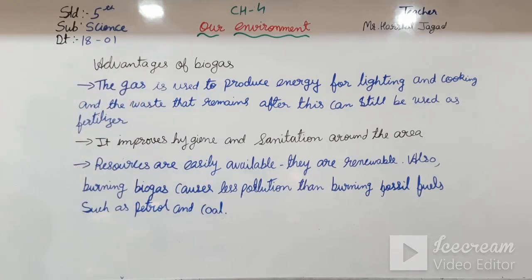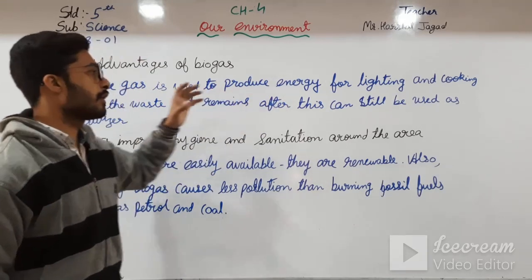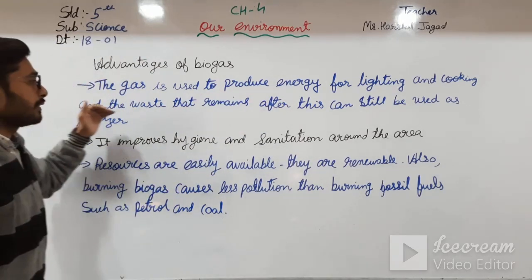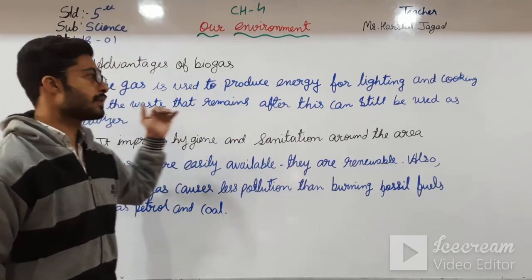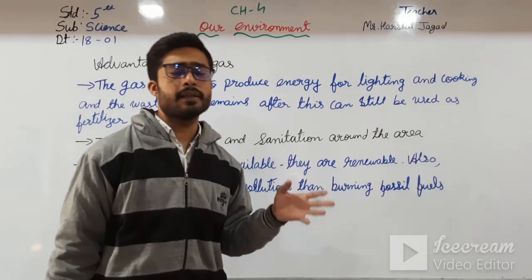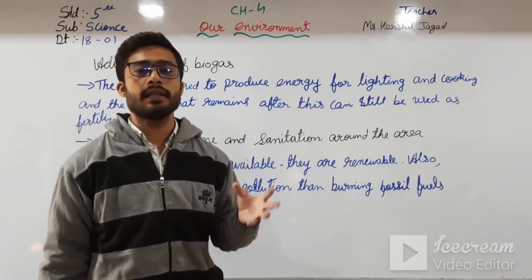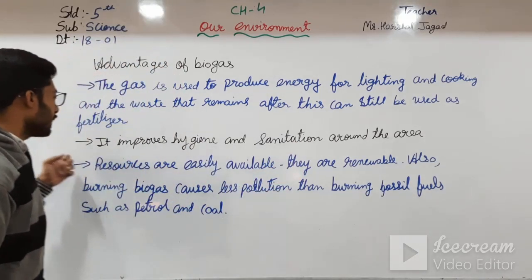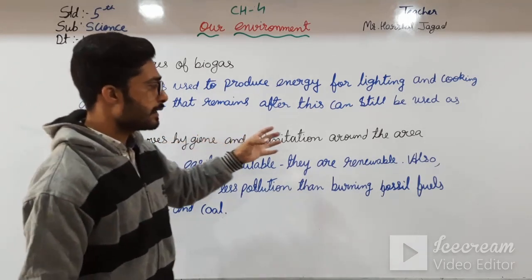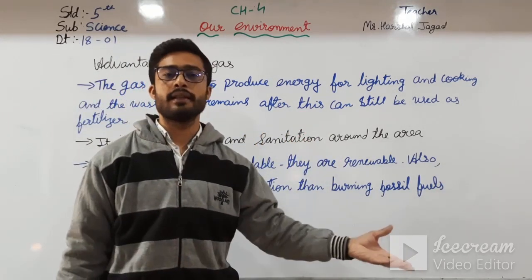Okay, so these are some of the advantages of biogas. The first one is that the gas is used to produce energy for lighting and cooking, and the waste that remains after this can still be used as fertilizers. It produces light and energy and is also used for cooking purposes. Then it improves hygiene and sanitation around the area, since all the dung is put into that.